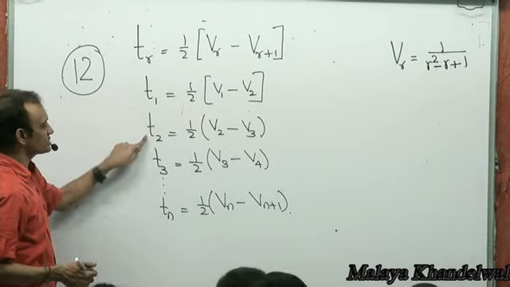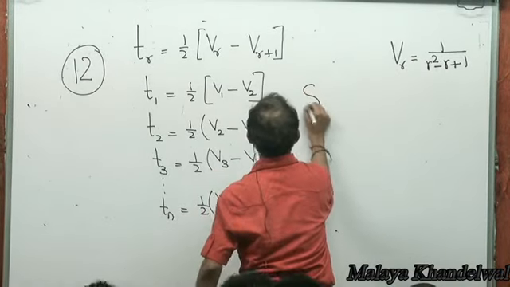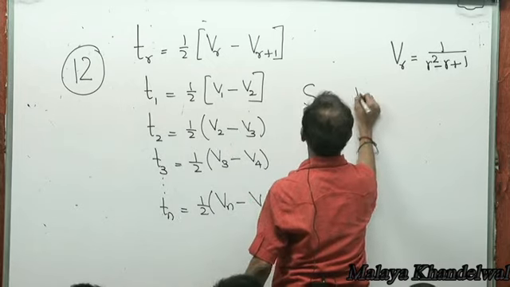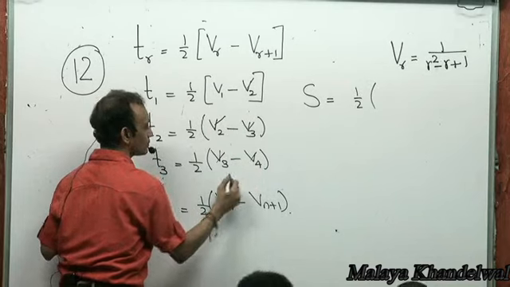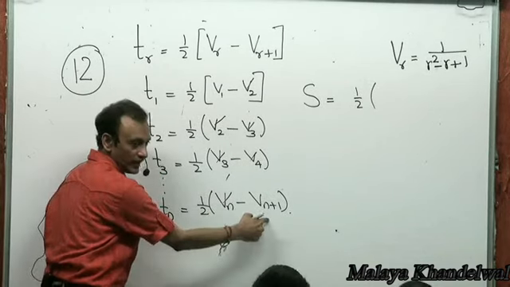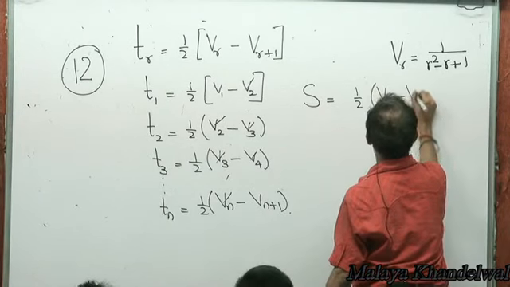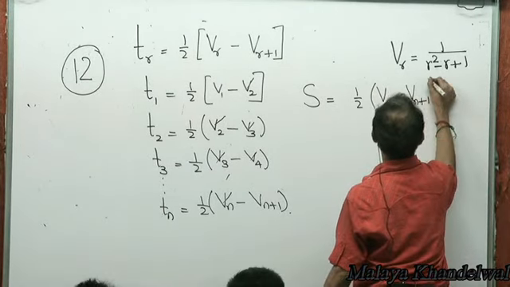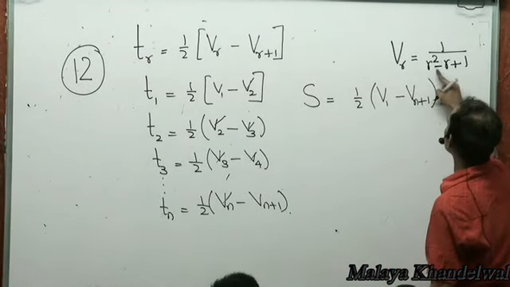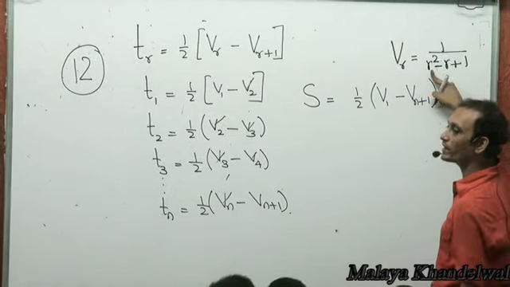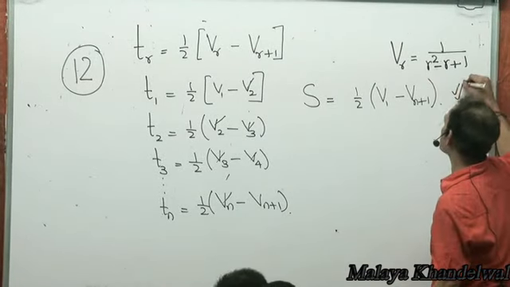So T1 plus T2 plus T3 up to Tn is the required sum, and that's going to be half of, see how the terms get cancelled? V1 and V(n+1) are the two leftover terms. V1 is plug in r equal to 1, V(n+1) would be plug in r equal to n plus 1 in this. Yes or no? So that will give you the required sum S.